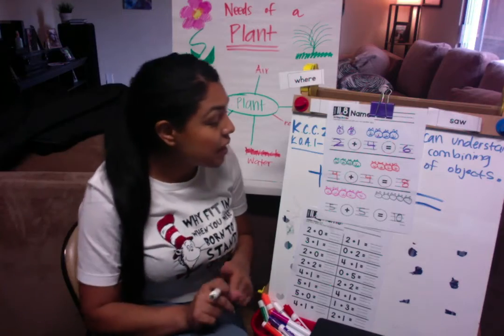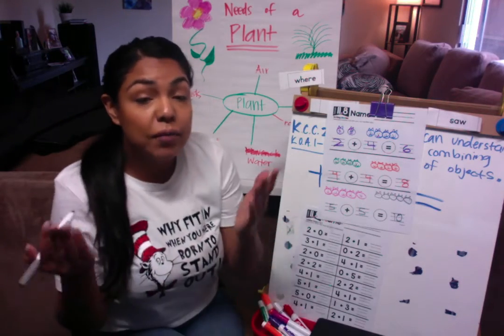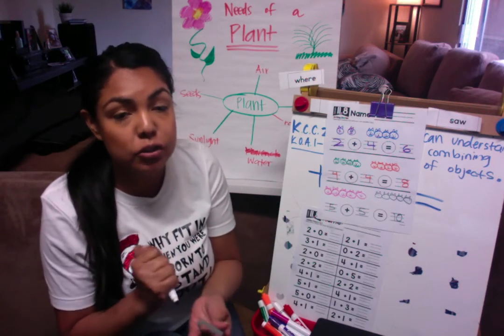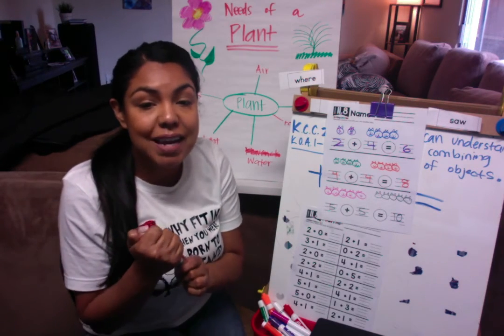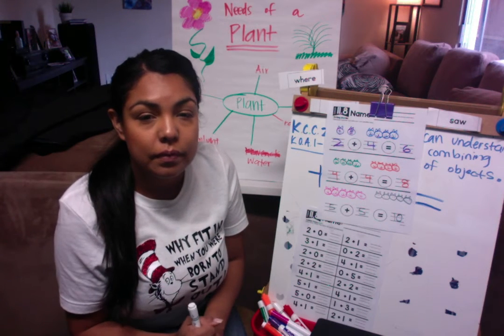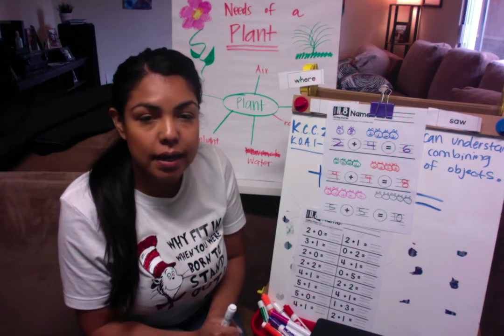That's perfect. So what's one way that we can find out if this is right? Let's find out if Lila is right. How can we find out? Who can tell me a math strategy that we can use to find out if Lila is right?